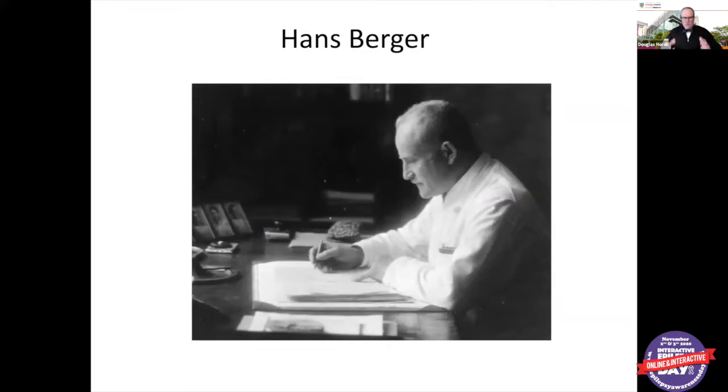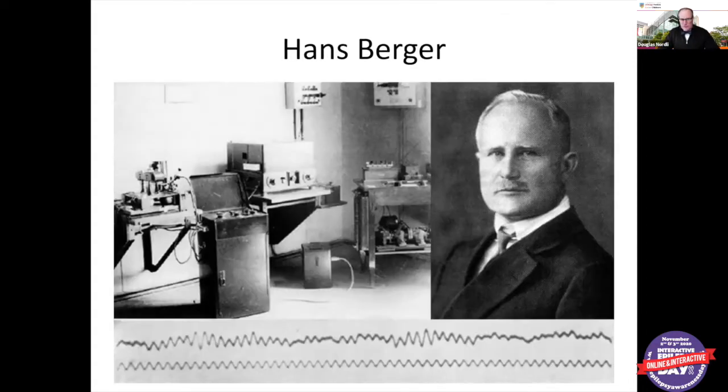Now, EEG, as you well know, is not new. It was really invented by this man, Hans Berger, who discovered the clinical application of EEG many years ago in the 1930s. And here is his first EEG apparatus, which is remarkable, right?